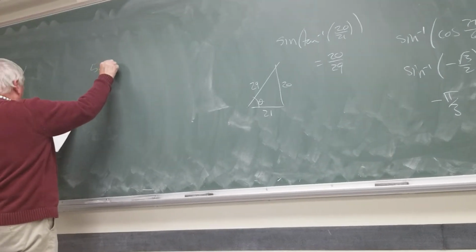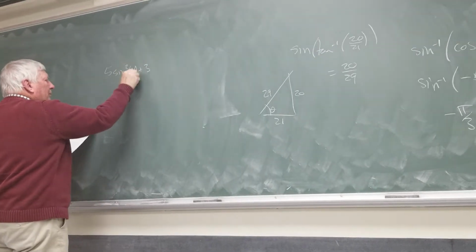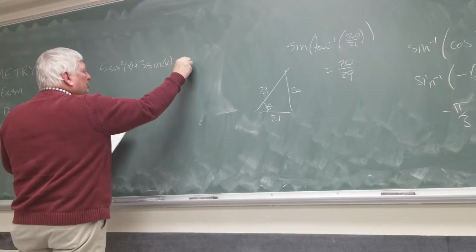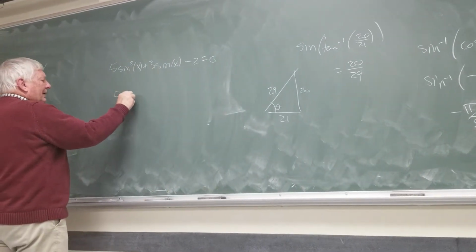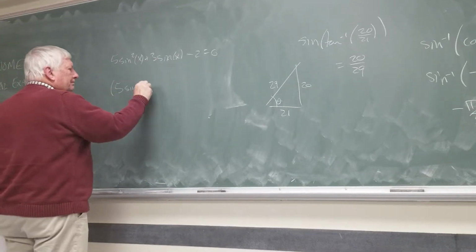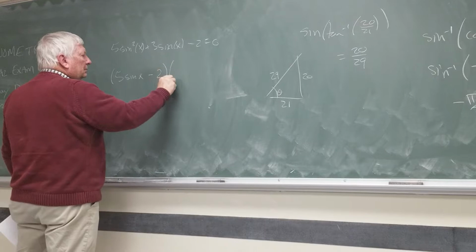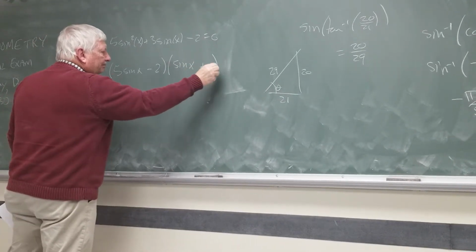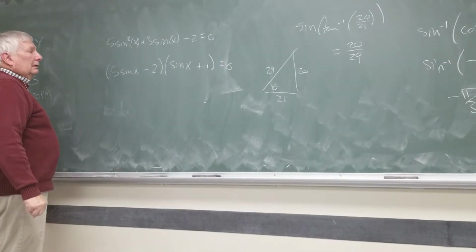5 sine squared x plus 3 sine x minus 2 equals 0. This factors as 5 sine x minus 2 times sine x plus 1.